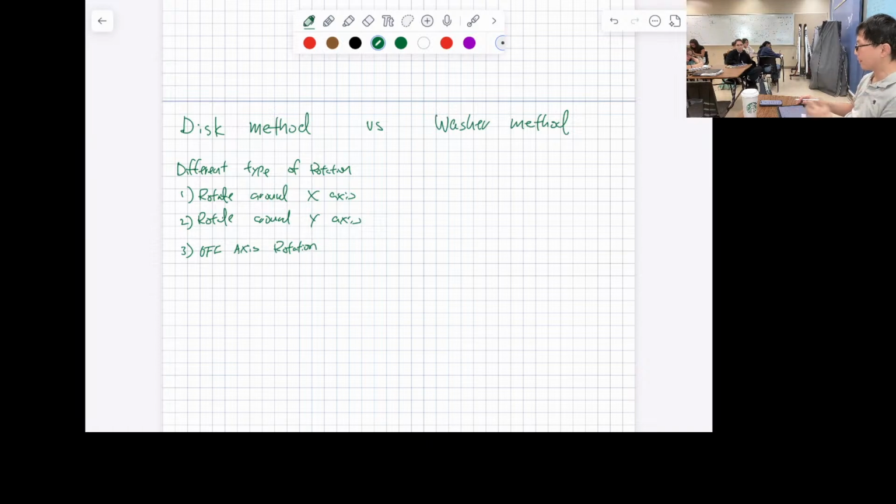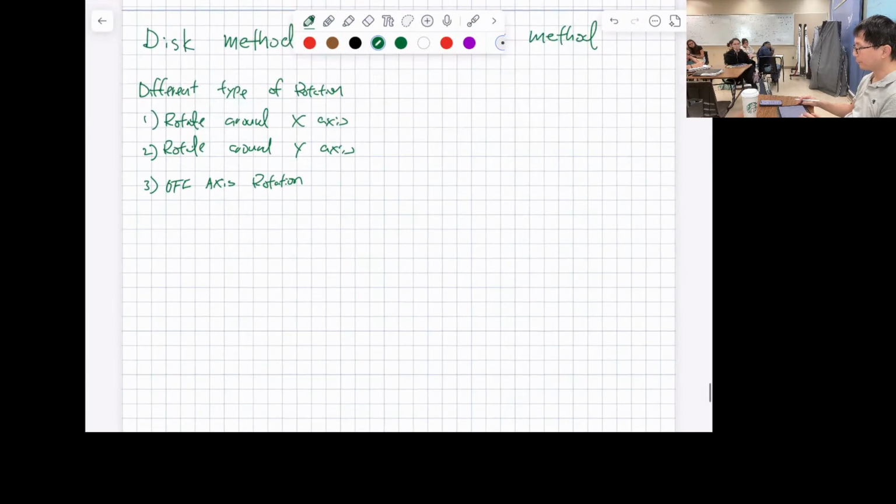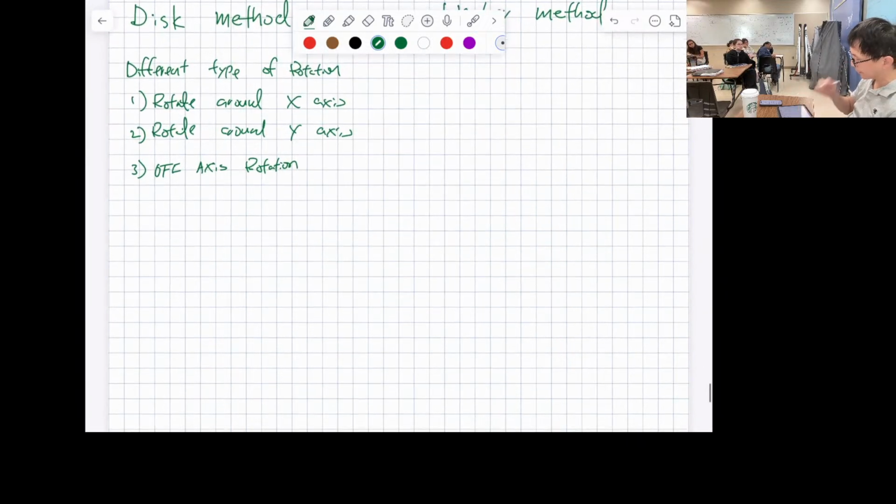Me, in that sense, I do, because I want you to understand all different kinds of rotations. So they'll rotate around the x-axis, the y-axis, and off-axis rotation. So you're gonna be like, wait, what does that mean? But I'm gonna write down everything else first.